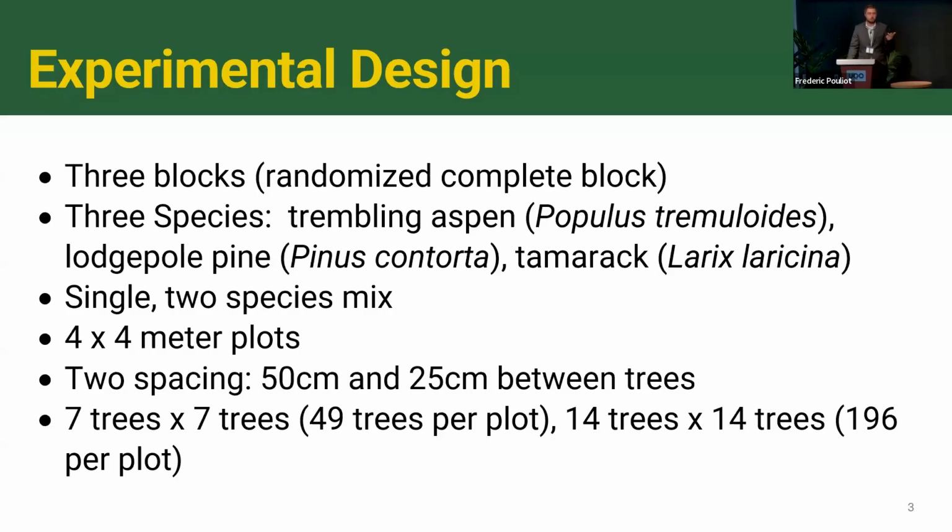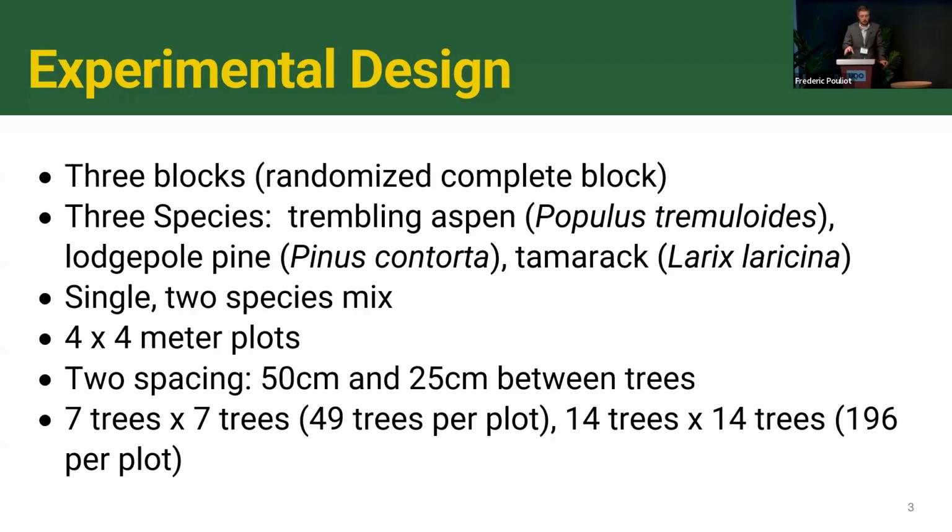This study is happening up in Peace River, Alberta, that transition area we talked about a couple of times today. The main study species are trembling aspen, lodgepole pine, and tamarack. For any student listeners, that's a true conifer, a deciduous conifer, and a true deciduous tree, so it covers the gamut of what will be seen in the boreal forest.